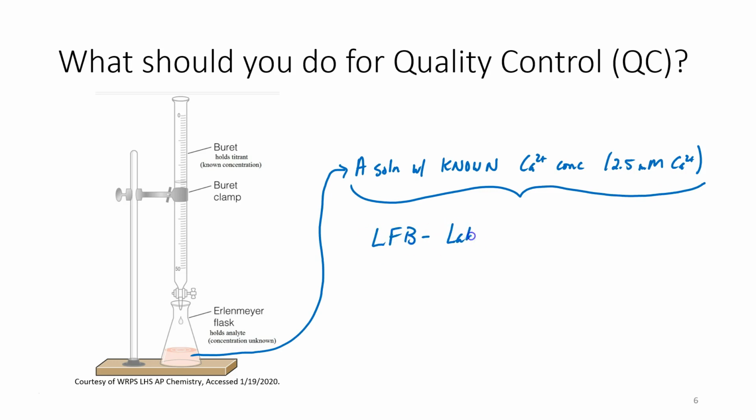LFB stands for laboratory fortified blank. So in other words, it's a blank or deionized water that you fortified with a known calcium ion concentration. So when it's all said and done, you're hoping that you can tell the customer that you got a value close to the known concentration.